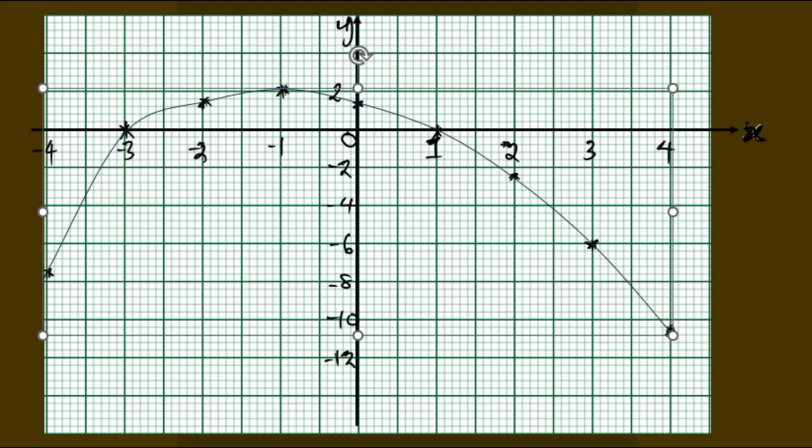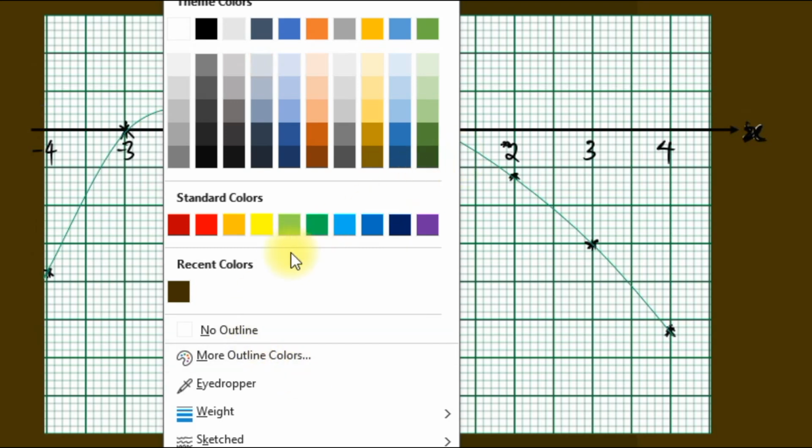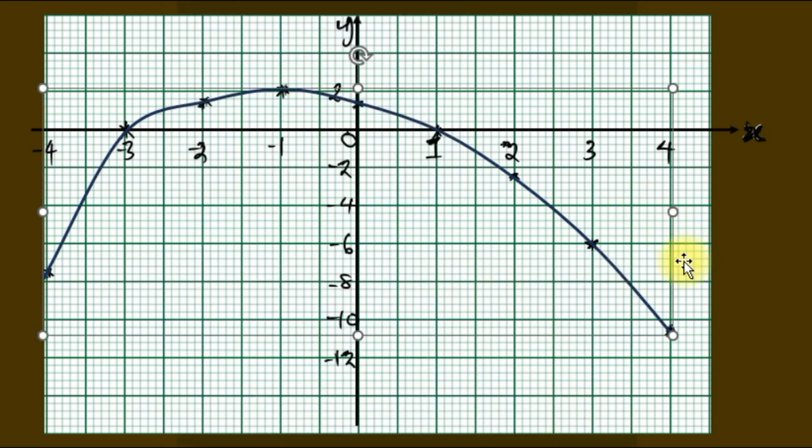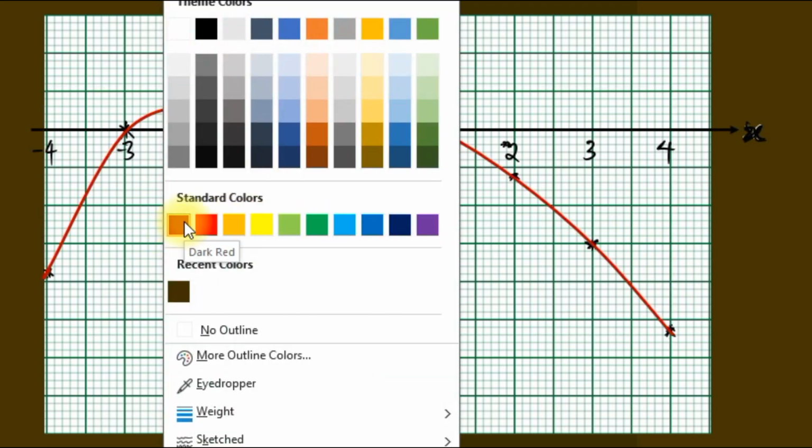So let's make the line thicker so that you can see it. Maybe let's change the color. Let's change it to red.